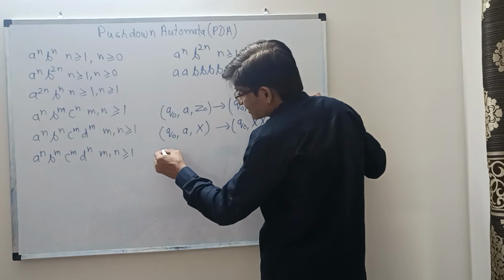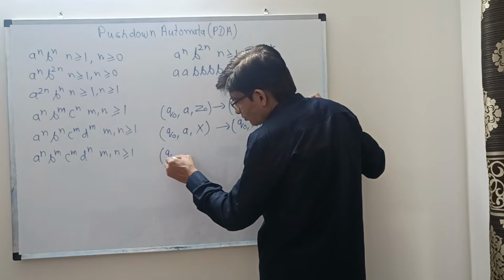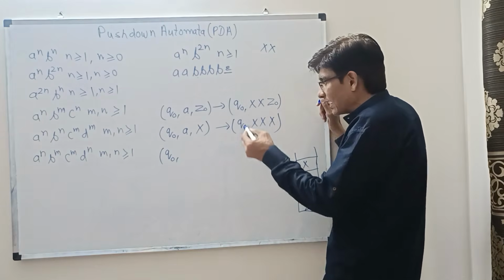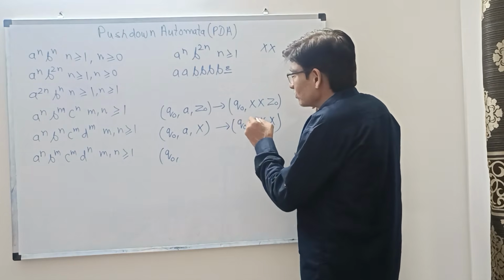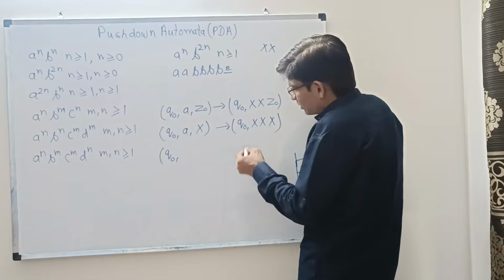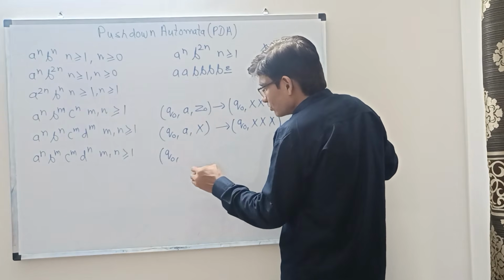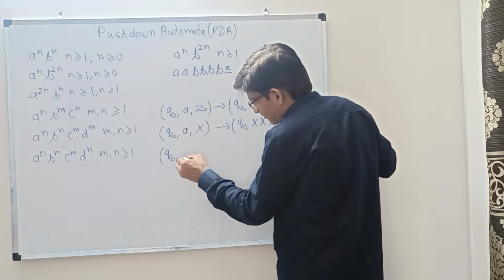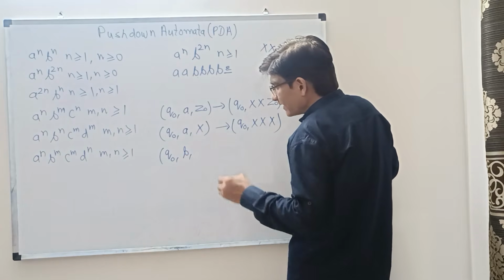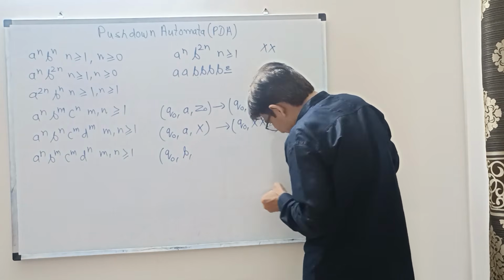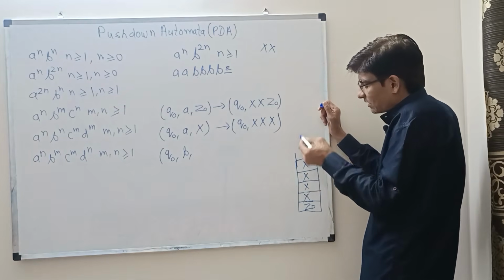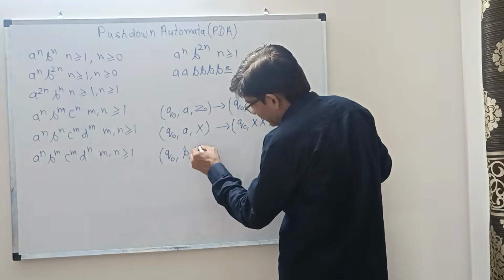And then, according to this particular string, when you are reading the first B, you will be in Q0, because after reading A you are not changing your state. In Q0 itself, you will read the first B. At that time x must be the stack top for a valid string.